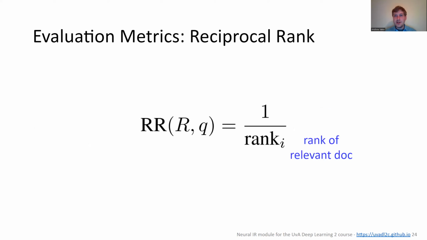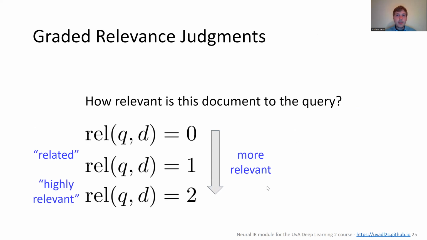Reciprocal rank is what I showed you earlier when we looked at those MS MARCO results. This is a special case where we assume there's only one relevant document for a query, and then this is just 1 over the rank of that relevant document. We can also have graded relevance judgments rather than binary relevance judgments.